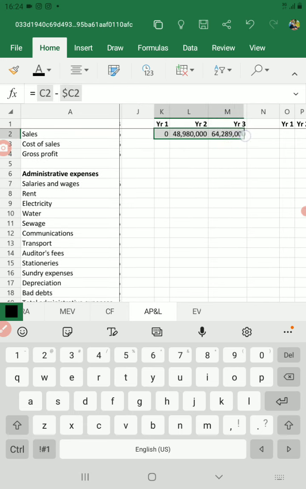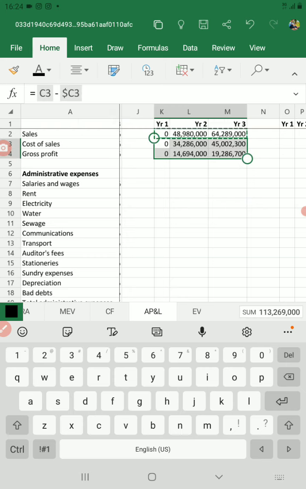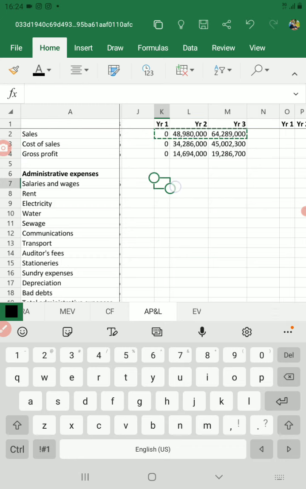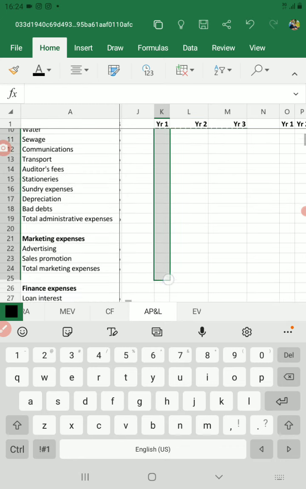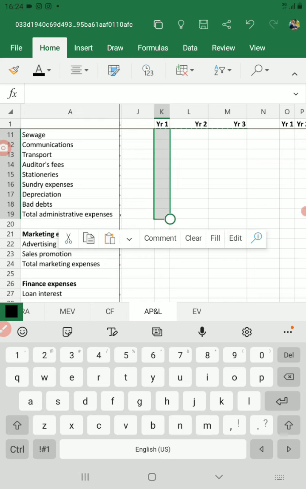We will see the function of locking C if I drag this one now. If I select all this and then copy this and then go to each element here, paste. Come here from salaries and wages, select all these up to here, and then paste.